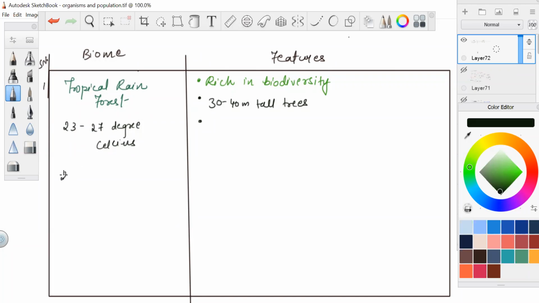And mean annual precipitation is 2000 to 3500 millimeter per year.